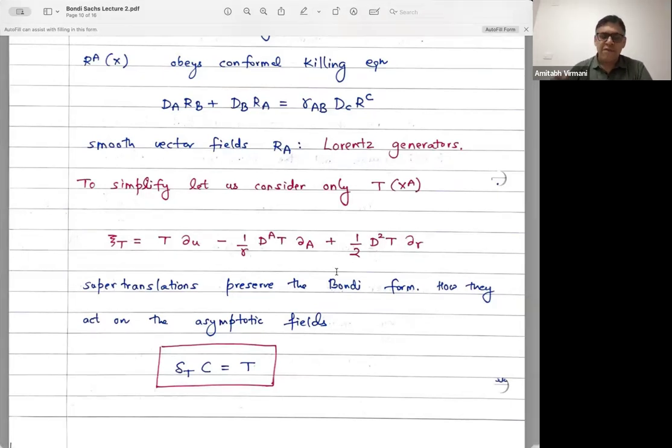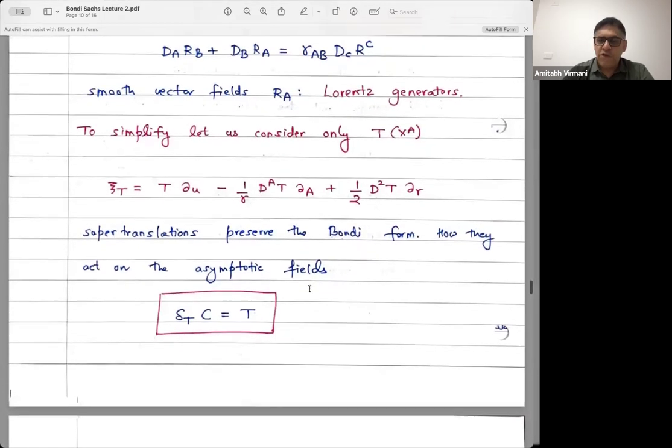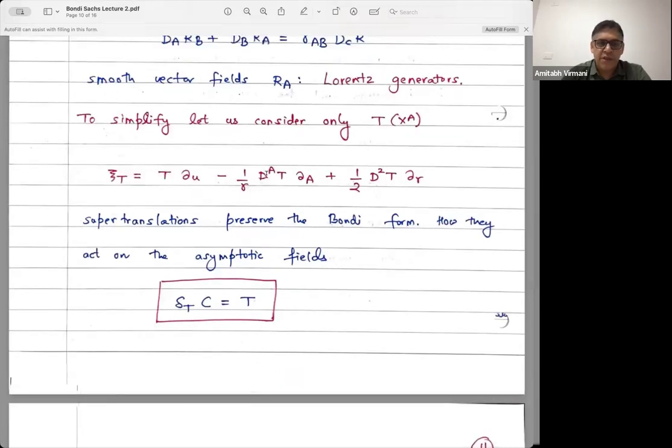Similarly, if you do it for partial x, it takes this form with various terms given by this equation. So for translations, with this small calculation, the vectors take this form. Since this is a generalization of translation, because T is an arbitrary function, these are called super translations.